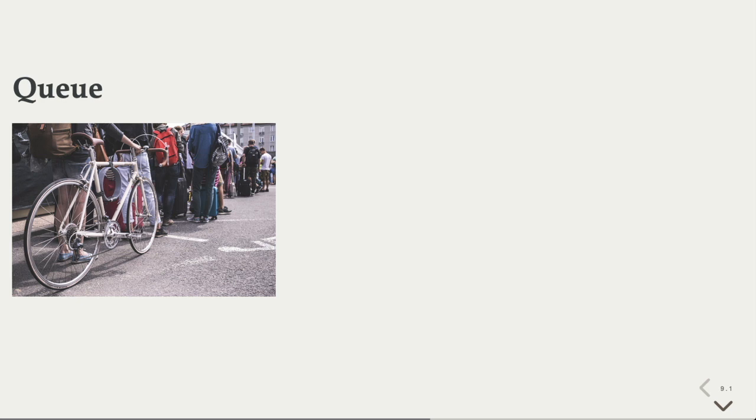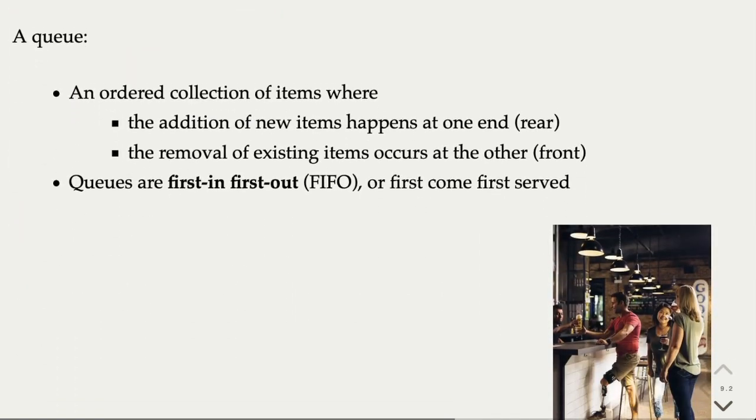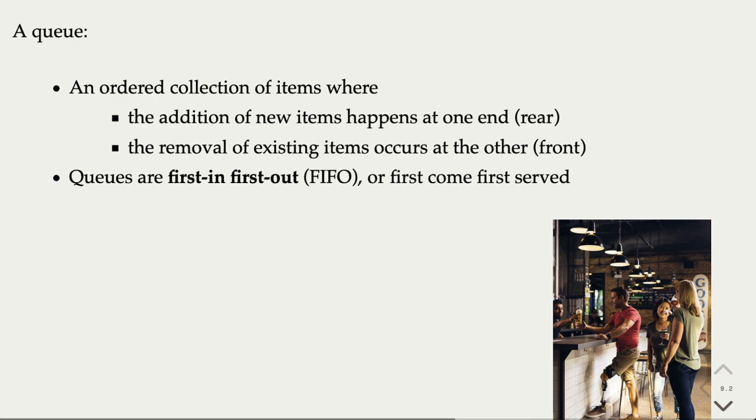Let's talk about queue. I suppose you don't like waiting, especially if you are late and there is already a long line. It might be tempting to push in, but you are not supposed to do that. A waiting line is a queue, and the rule is first come, first served.